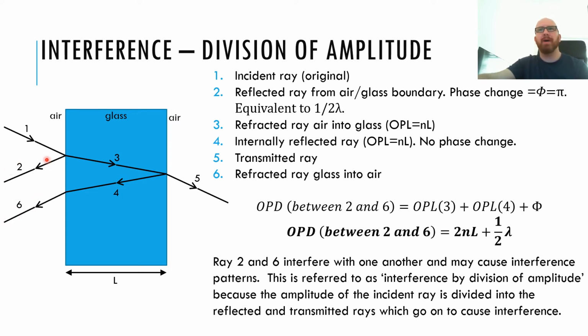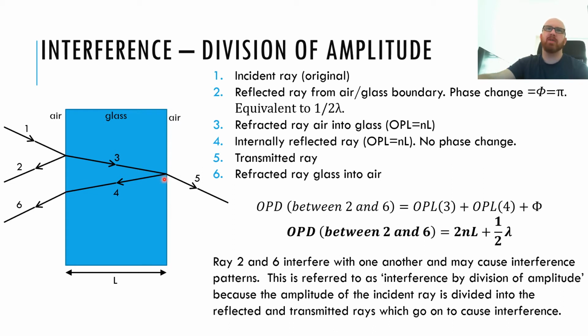So the optical path difference between 2 and 6 is the optical path length 3 plus optical path length 4 plus any phase change between the two of them. This one comes in, it reflects, you've got a phase change, optical path length here, optical path length here.